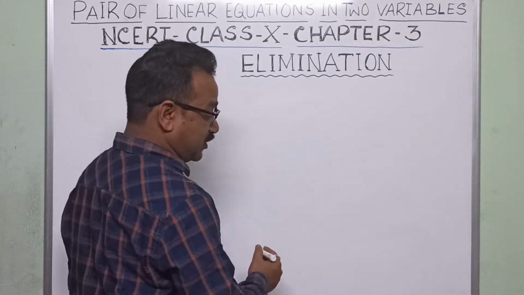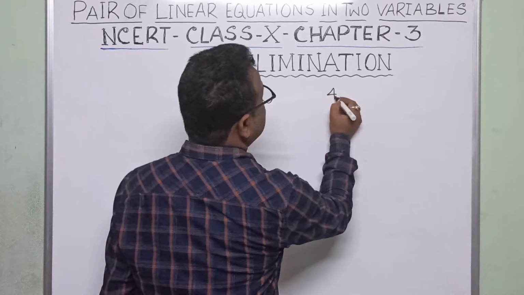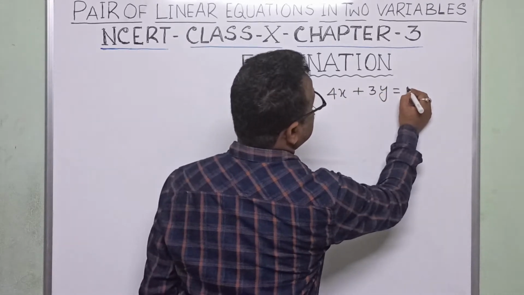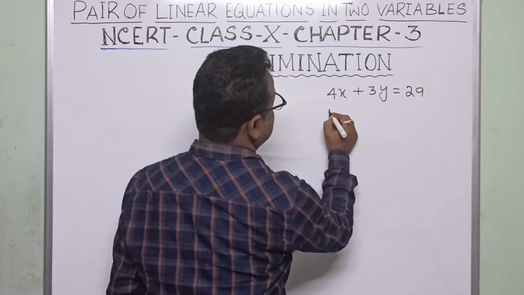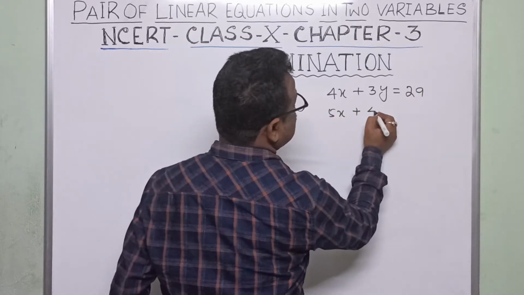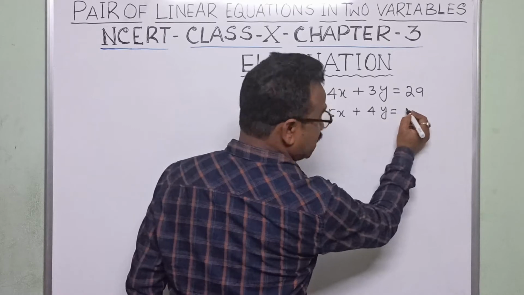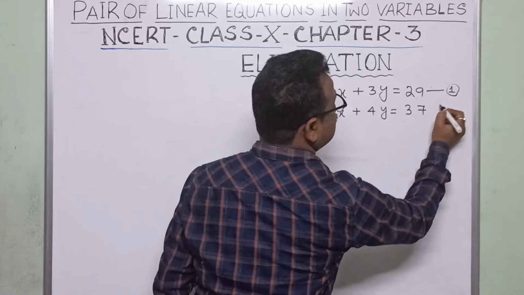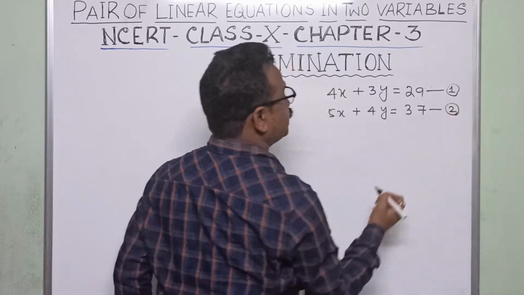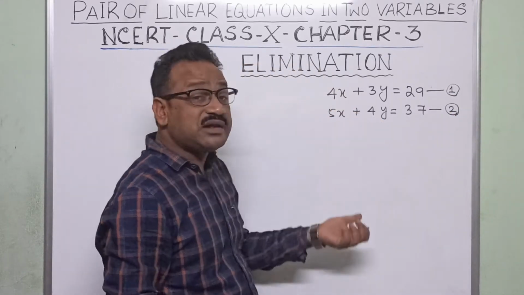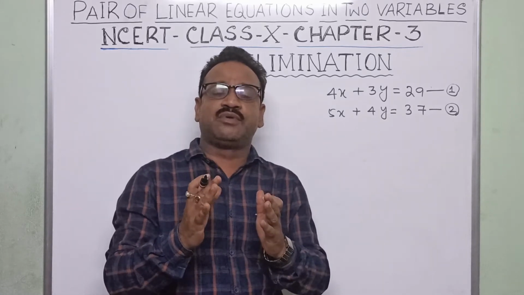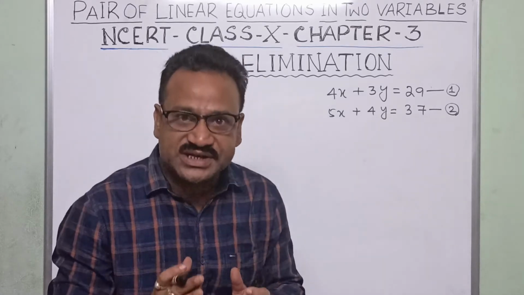Now take another example. Let's say 4x plus 3y is equal to 29 and 5x plus 4y is equal to 37. So this is equation 1, this is equation 2. Now I will solve this given pair of linear equations in two variables by the method of elimination.